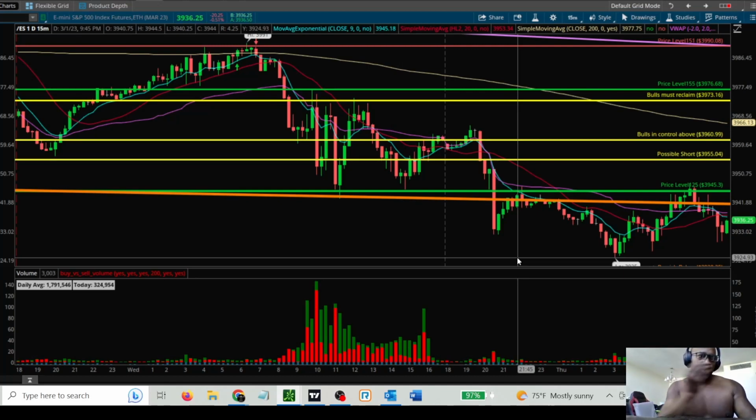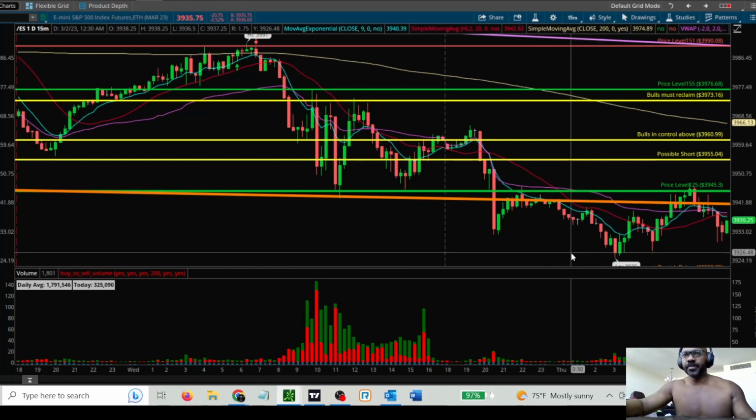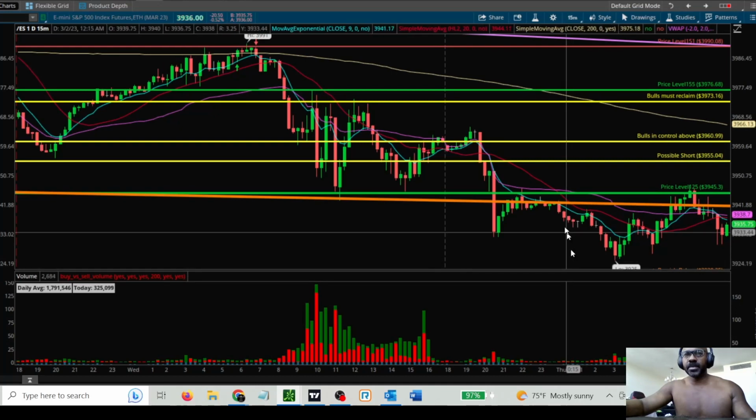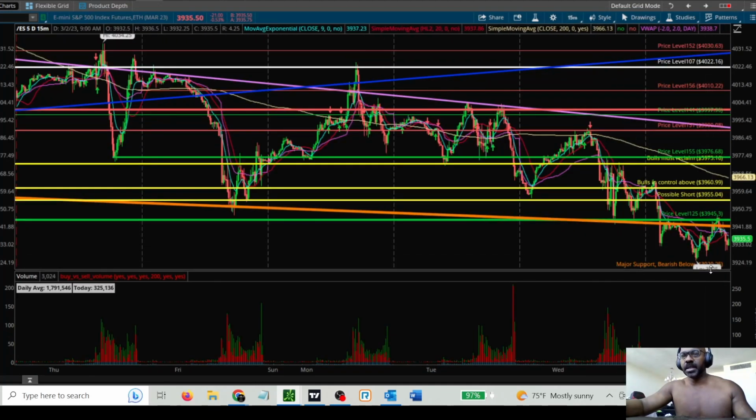This targeted 3925. We hit exact 3925. Let's back it up to... anyways, it did hit 3925. It's just I can't get it to show up on the screen because it's thinkorswim. We had exact 3925 and bounced, now more chop.